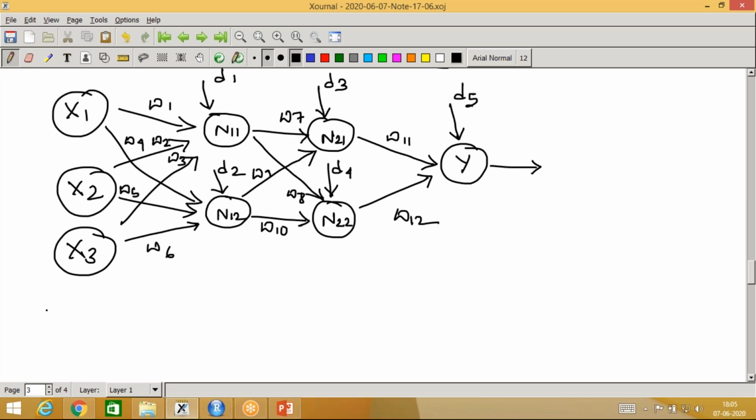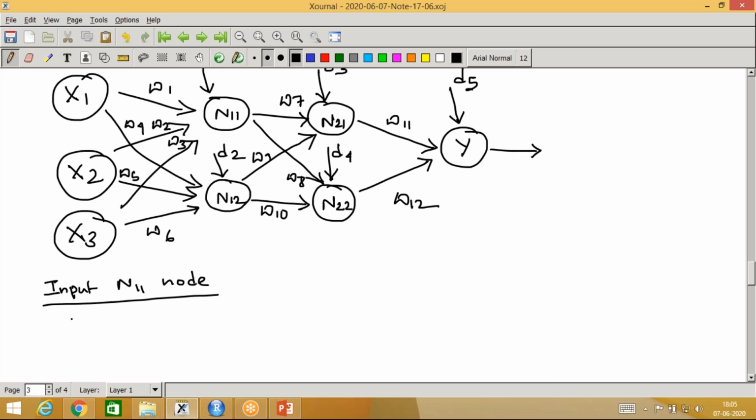So can you tell me what will be the input in the N11 node?